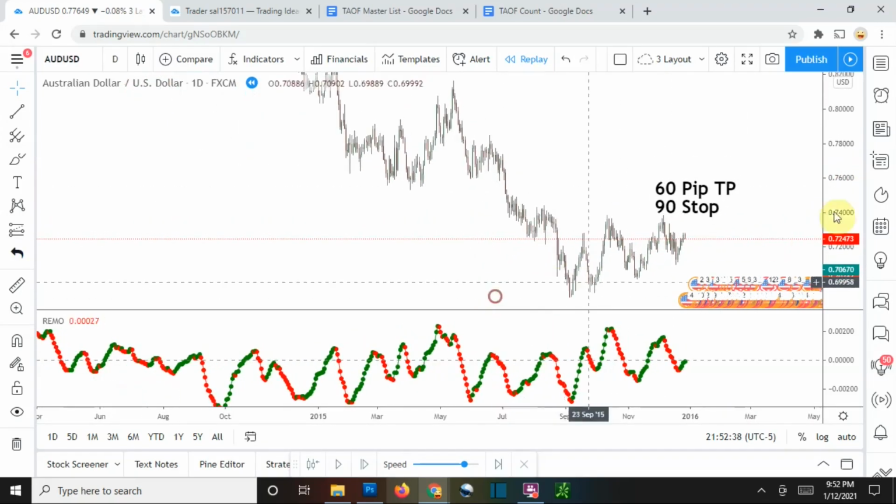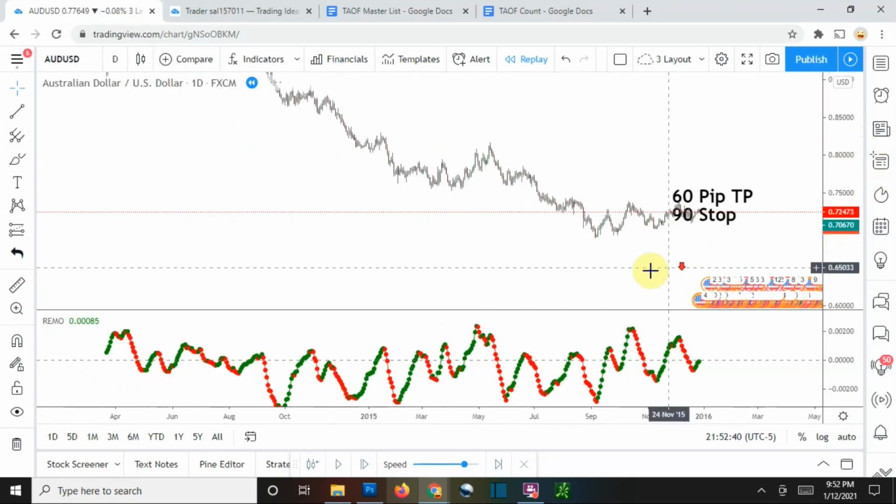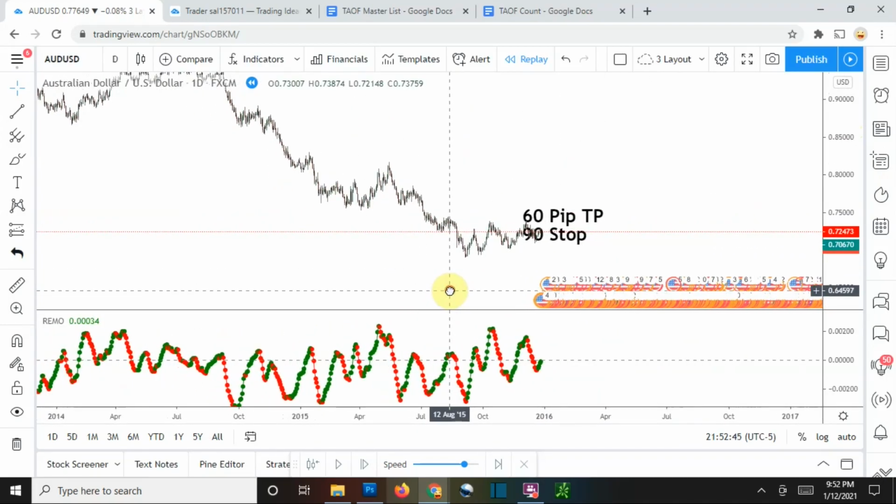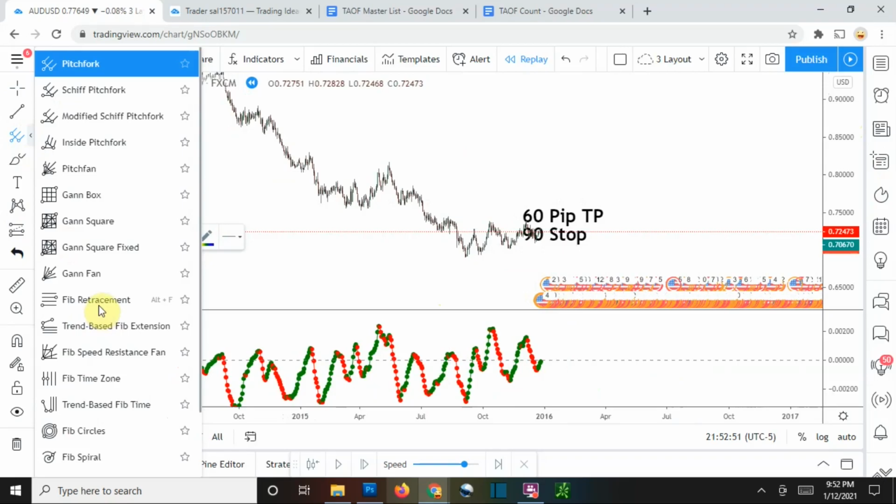Now, let's go ahead and see if we can throw some support and resistance on screen.